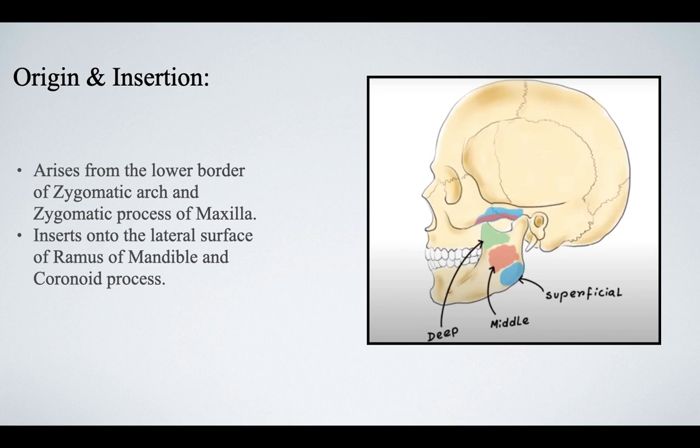One important thing about masseter is this is the most commonly affected muscle in bruxism.